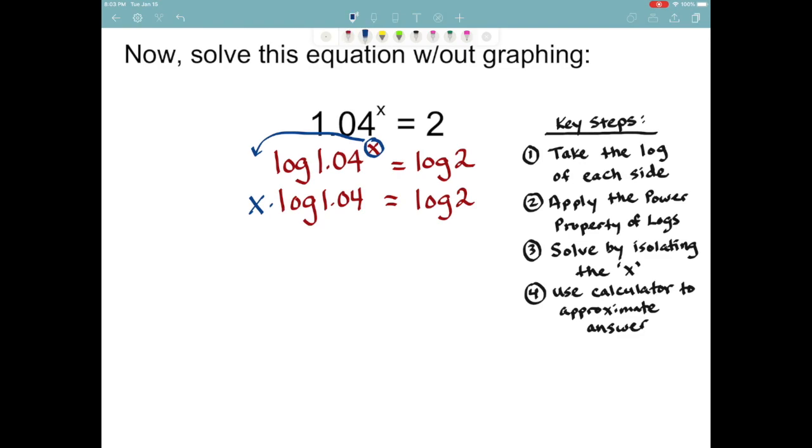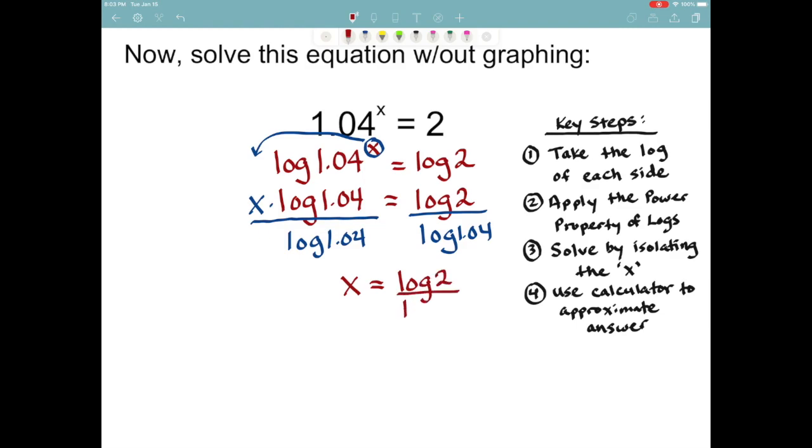To isolate the x, we want to divide by log of 1.04, and if we do it to the left side, we're going to do it to the right side. So now we have x equals log of 2 divided by log of 1.04.